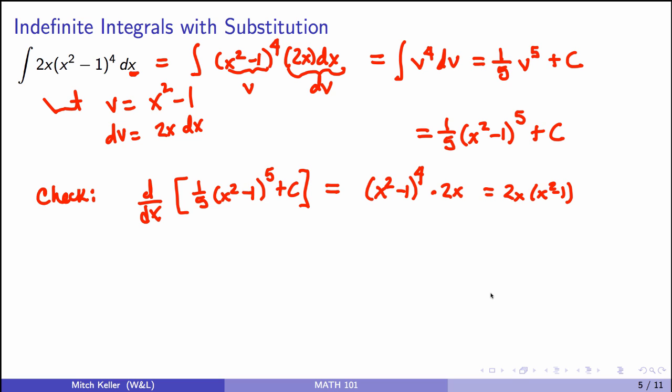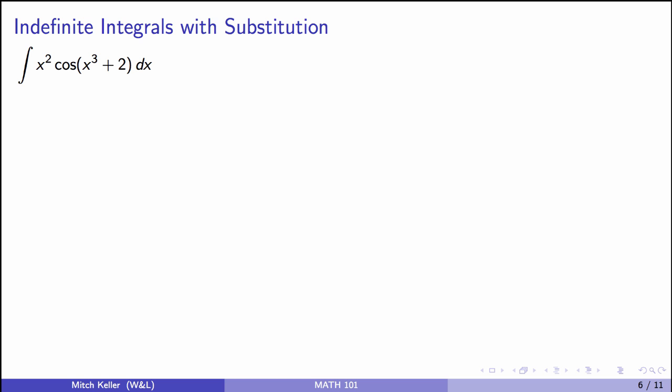Okay, so let's look at another example here. And so again, we're seeing cosine with an inside function lurking in here. And so let's take t to be x cubed plus 2, because we see, well, okay, so dt is 3x squared dx.